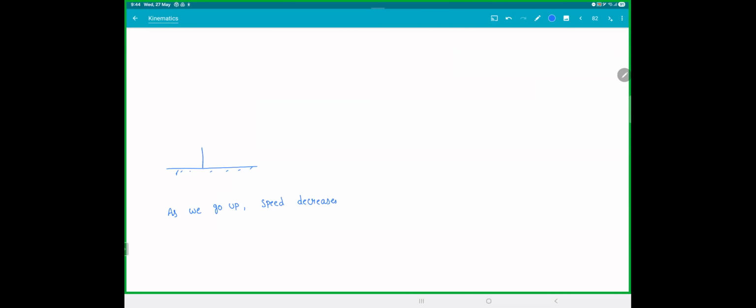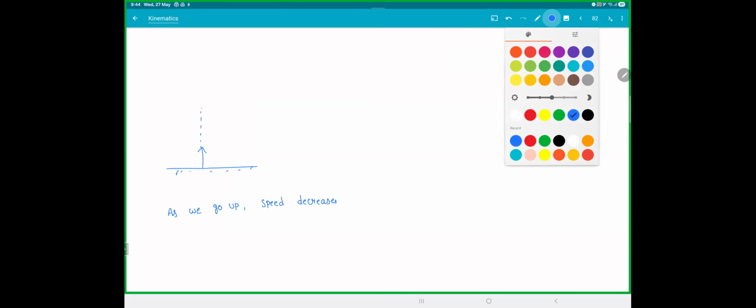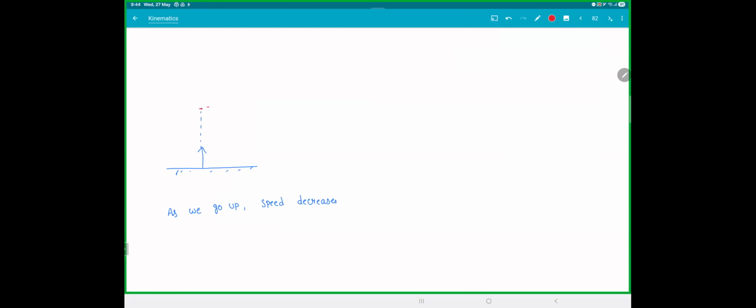Remember, fifth second meaning t is equal to 4 to t is equal to 5 is the fifth second. T is equal to 5 to t is equal to 6 is the sixth second. So we can clearly see here, this is S5, this is S6. As you're going up, speed decreases, so S5 will be greater than S6. So yeah, this can't happen.